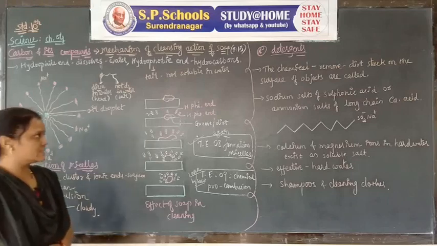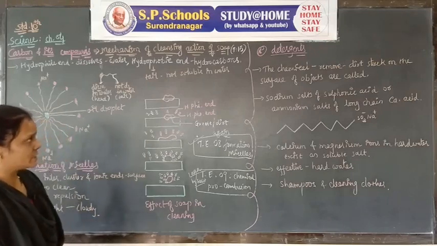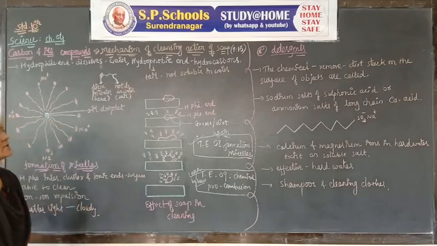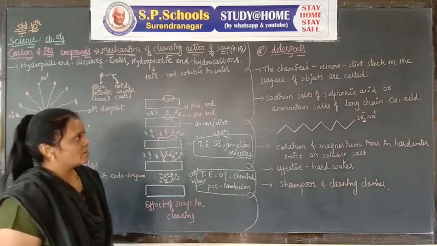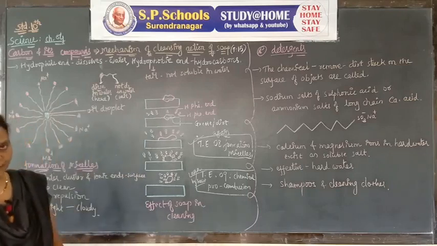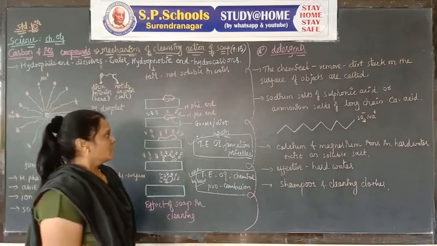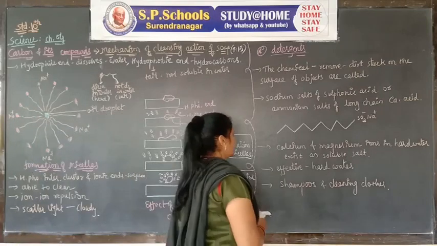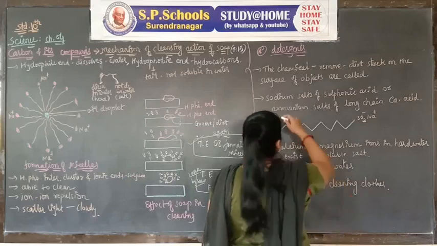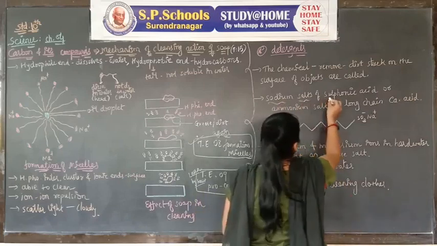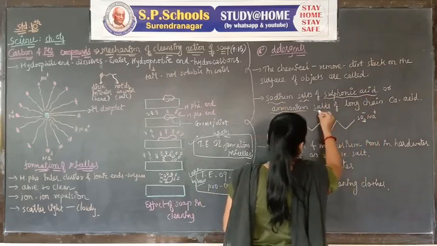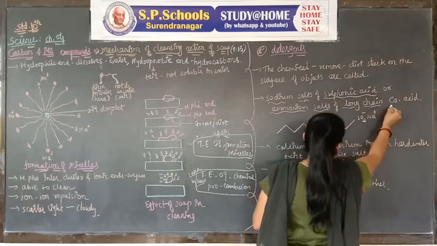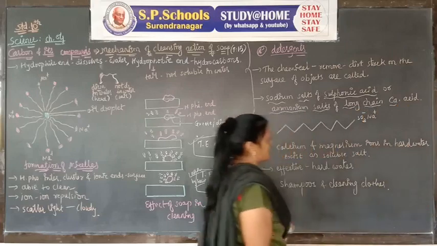What is a detergent, or write a short note on detergents? Chemical substances that remove dirt stuck on the surface of objects are called detergents. Here one thing is important.